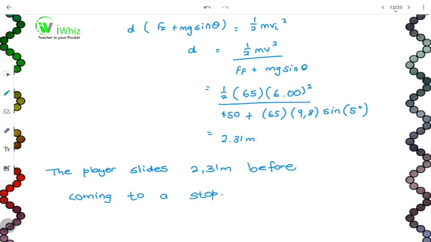What are the important things to remember here? The first thing that's important to remember is that the work done by friction is negative. Why? Because friction acts opposite to motion. The initial potential energy was 0 because he was moving. The initial kinetic energy was given by a speed of 6 meters per second.